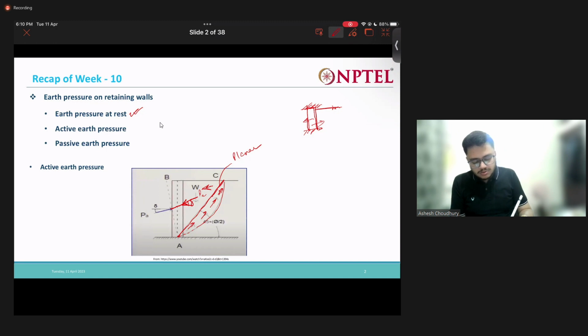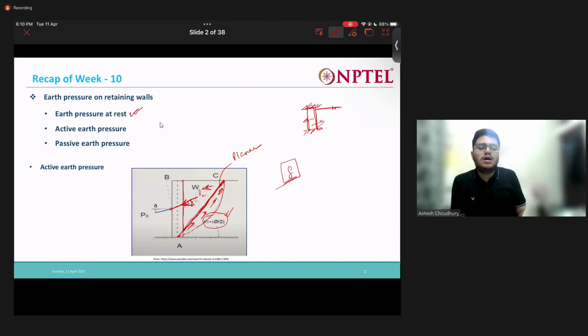This failure wedge makes an angle 45 plus phi by 2 with the horizontal in the case of active earth pressure. We will see how this 45 plus phi by 2 has come. This earth pressure acts at an angle delta with the horizontal, where delta is the friction angle.